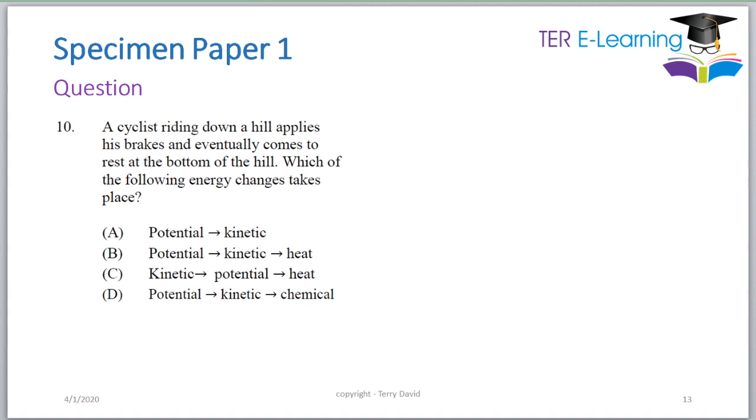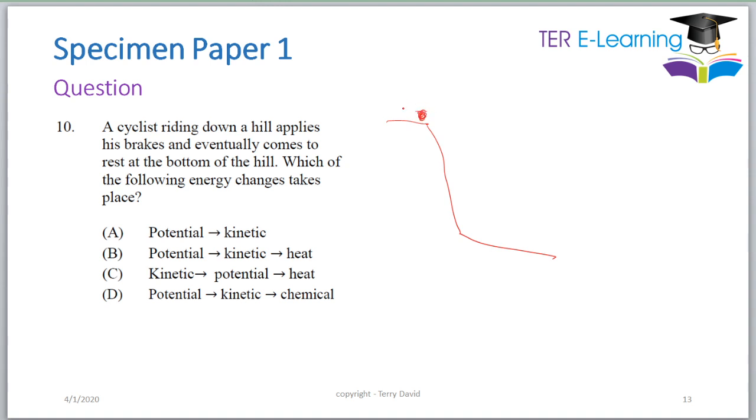Number 10. We have a cyclist riding down a hill. He applies brakes and eventually comes to rest at the bottom of the hill. Which of the following energy changes takes place? When you get questions, you need to visualize what is really happening. So you have a cyclist riding on a hill. Let's say there's a cyclist at the top of the hill.